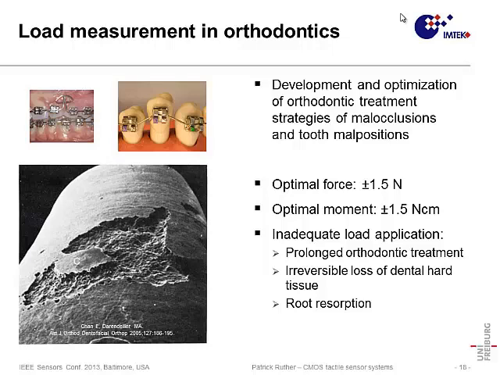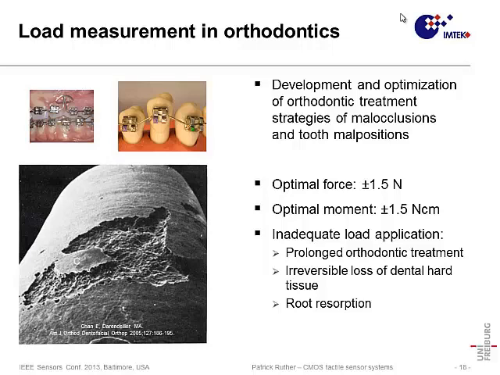If the forces and moments you apply are too low, there will be no effect. The teeth tell you what's going on: I don't move at all. If you apply forces which are too high, you might see root resorption or an irreversible loss of dental hard tissue. And this is, of course, something you have to definitely avoid, unless you like to have kids with missing teeth. So that's not good.